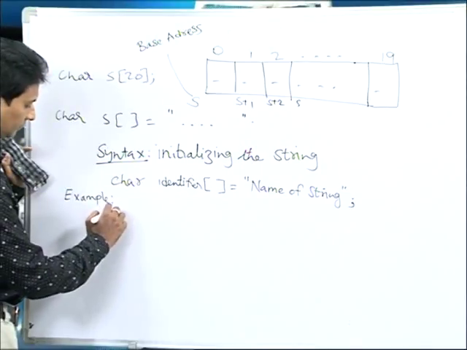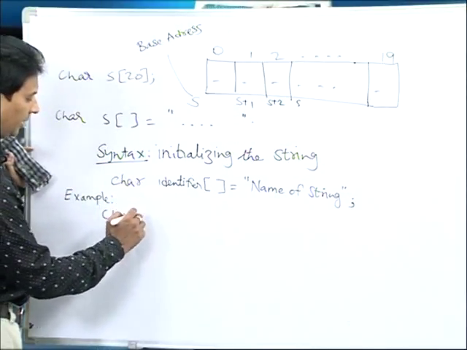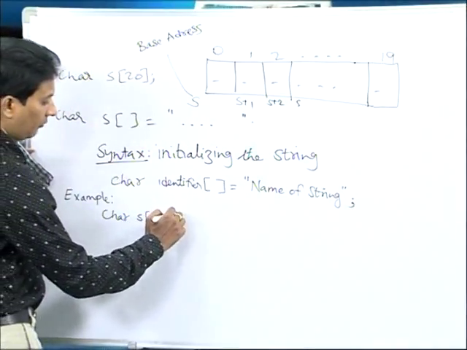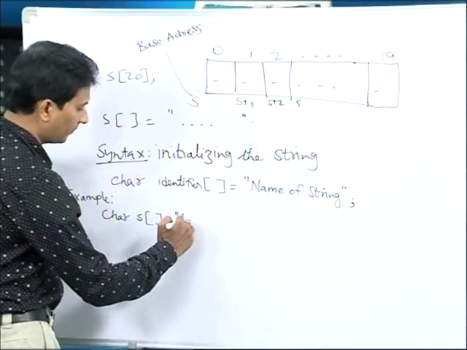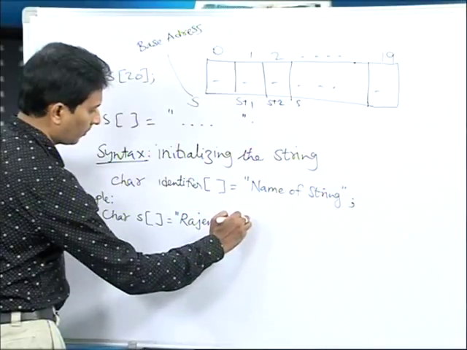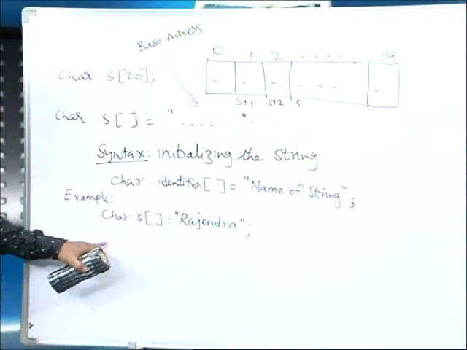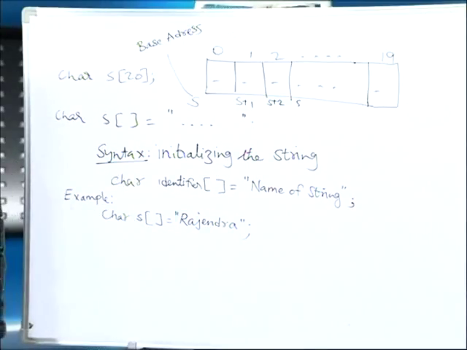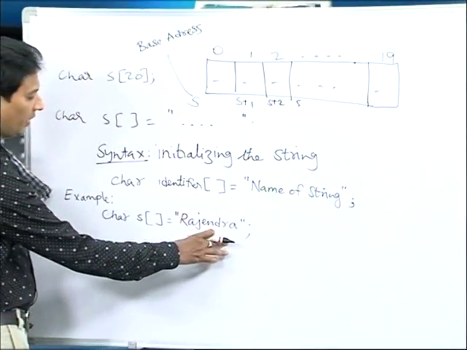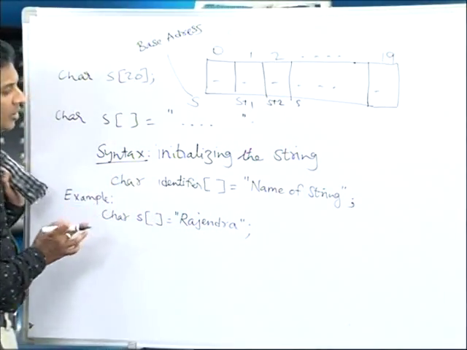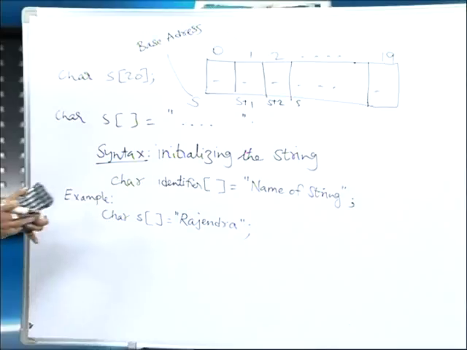Char, any name, empty brackets, equal to, and within the double quotes you give the name. I am initializing the string directly, no need to read from the keyboard.